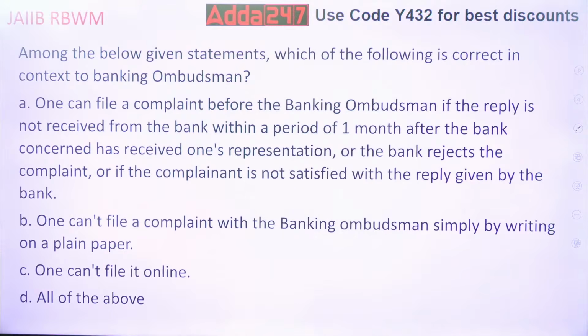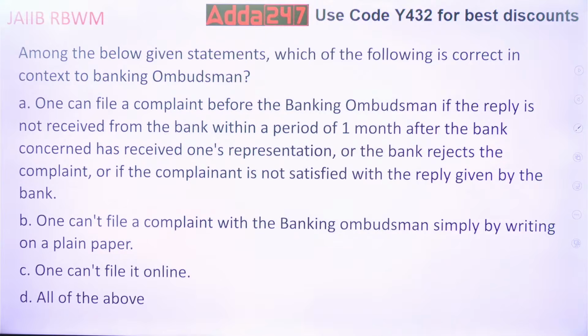One can file a complaint before the banking ombudsman if the reply is not received from the bank within a period of 1 month after the bank concerned has received one's representation, or the bank rejects the complaint, or if the complainant is not satisfied with the reply given by the bank. So A is correct.